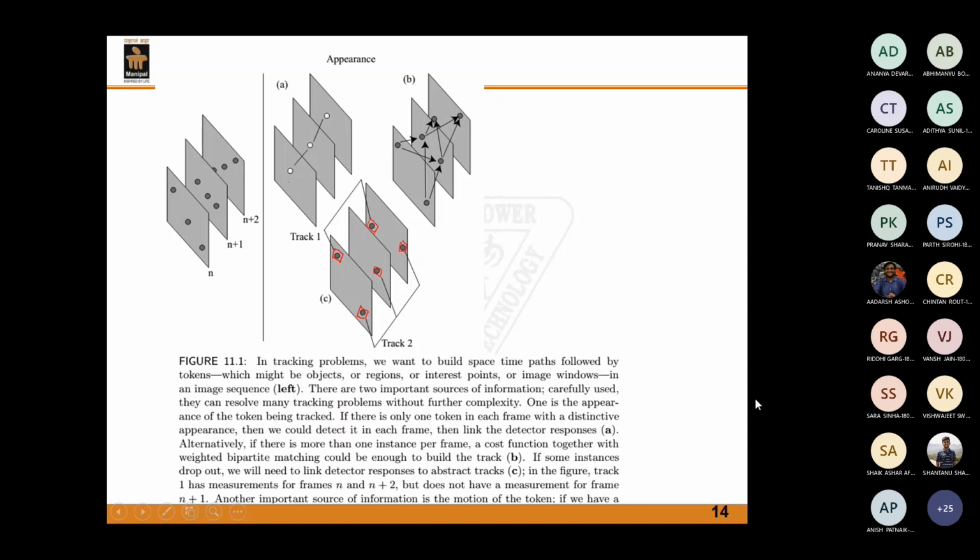Yeah, so continuing with the object tracking. What we were discussing was multiple object tracking. If you have multiple objects within a video sequence, and you want to track all the objects present in the video sequence, the challenge here is this: when you have this object detection output, let's say track 1 is a track for object 1, and track 2 is a track for object 2.